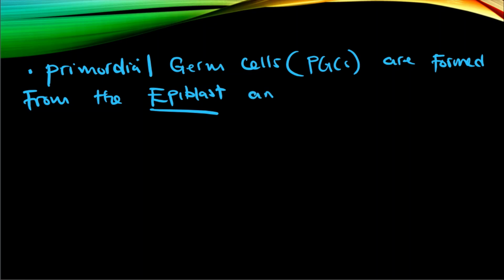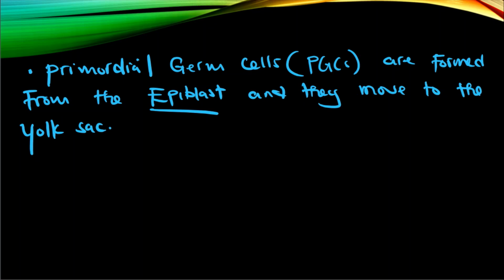And they move to the yolk sac. These structures are formed in the second week of development. A video that we've already explained, and the link is in the comment section and in the description. So go and watch that video and you understand where the epiblast comes from and where the yolk sac comes from and how it is formed.